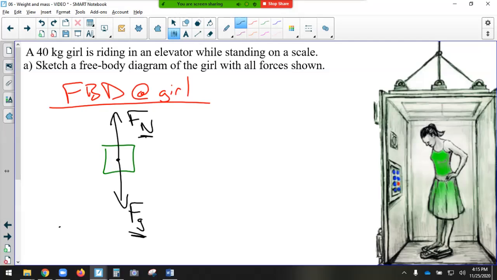So the normal force is often what you're measuring when you measure a weight. So part A, free body diagram, that's all there is to it. It doesn't tell us in part A whether it's accelerating up or down. I know that you have different parts of that question, so I'll draw a separate free body diagram for it on the next page.